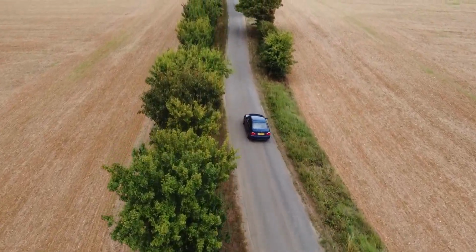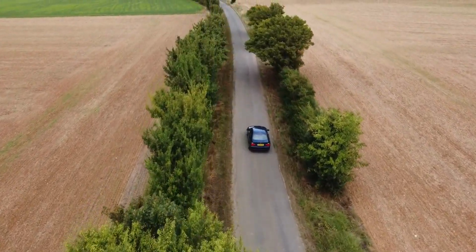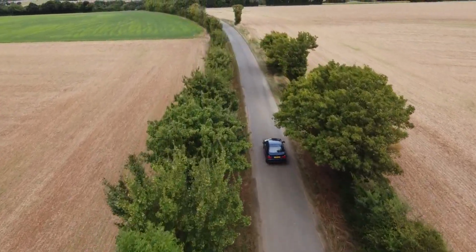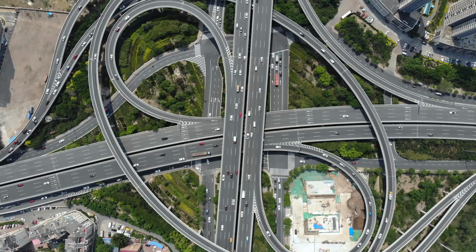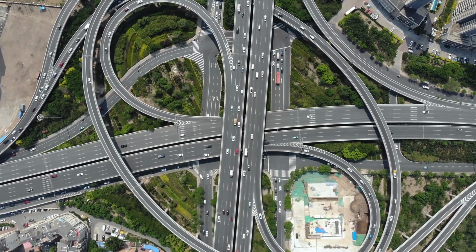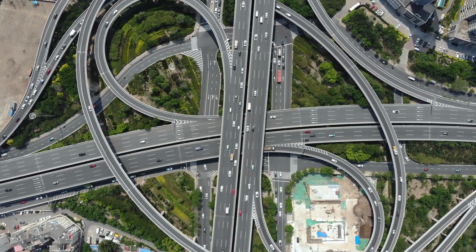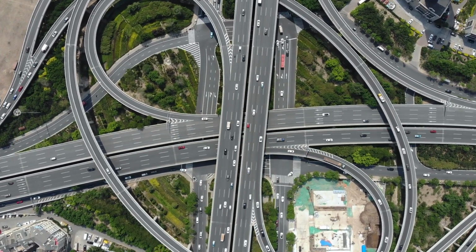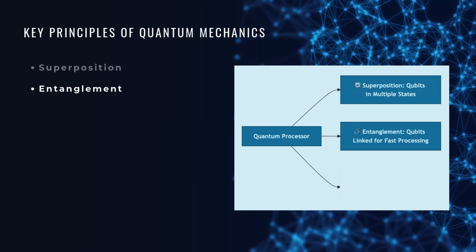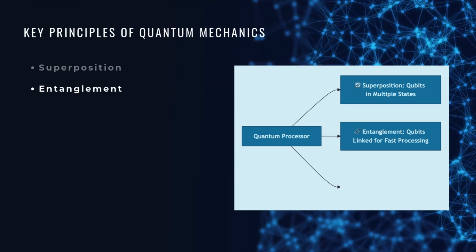Imagine a traditional computer as a single-track road where cars, which is data, must travel one after another. Quantum computing, on the other hand, is like a multi-dimensional highway where cars can take multiple paths simultaneously.